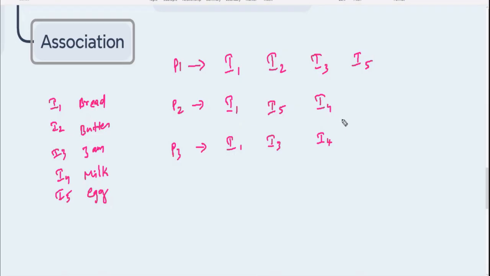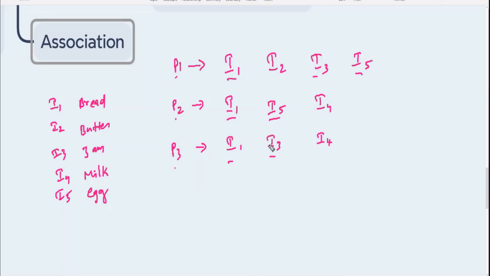Then I will compare each person with another person and try to find the common items they have purchased. Comparing person 1 and person 2, the common items are bread and egg, item 1 and item 5. Comparing person 1 with person 3, bread is common, item 1 and item 3.